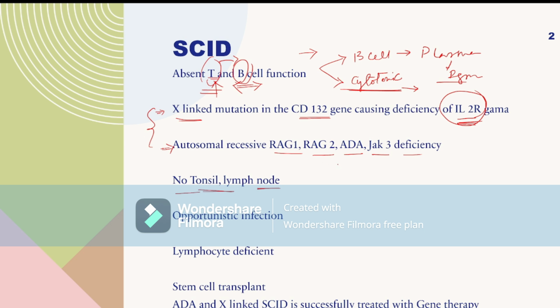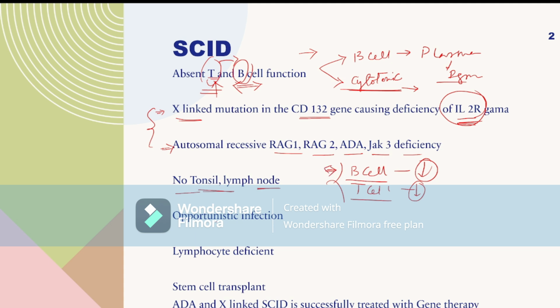In X-linked agammaglobulinemia, the B cell is decreased. In SCID, the T cell and B cell both are decreased. So if you do flow cytometry, then both the T cell and B cell markers are decreased in SCID, and in case of X-linked agammaglobulinemia, only the B cell marker is decreased.